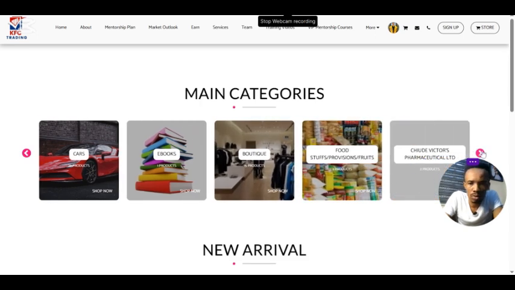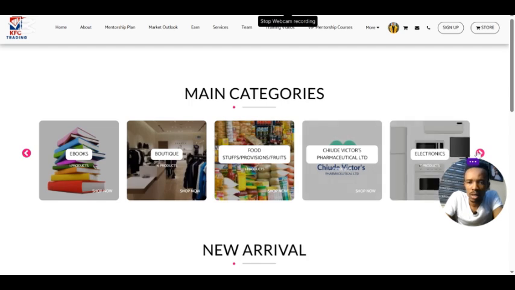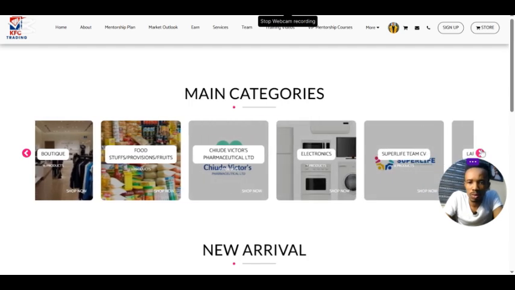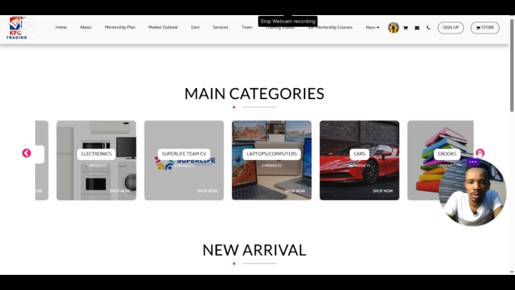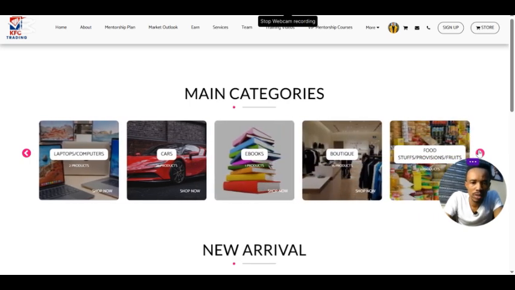We even have a pharmacy and an electronics store. We have, what do we call it again? Super Light, that's the herbal store where you can get herbal treatment for diseases.